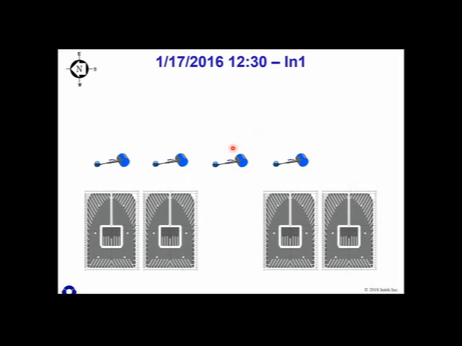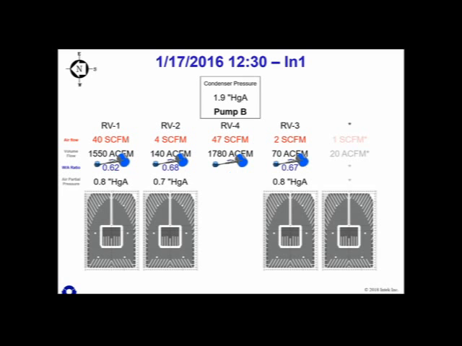But anyway, we swapped one of the locations to the common line. So this re-evac probe went to the common line. The common line goes to their vacuum equipment. So now we have no re-evac in this offtake. We have one in this offtake. We have one in the common line, which is the sum of all four, and then one here and one there. So let's take a look at the data once we move this probe.